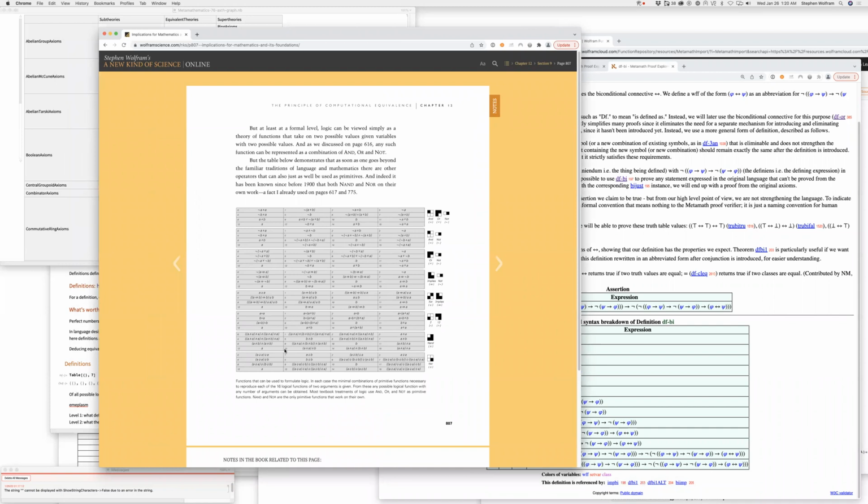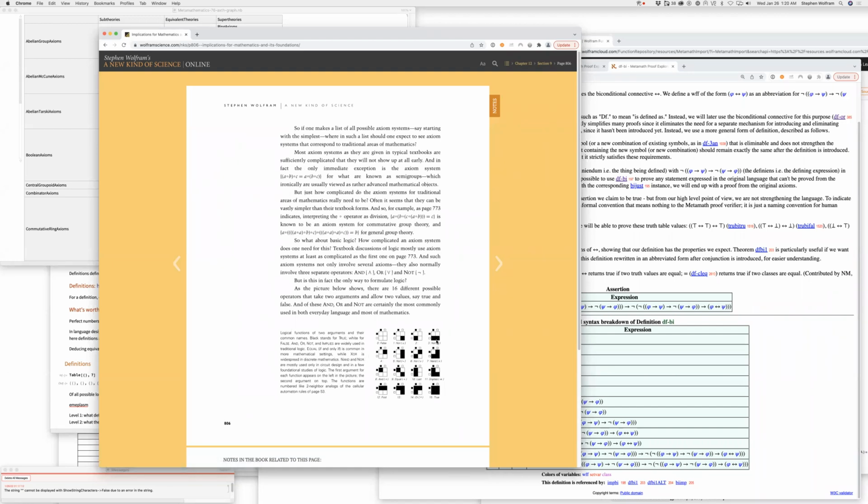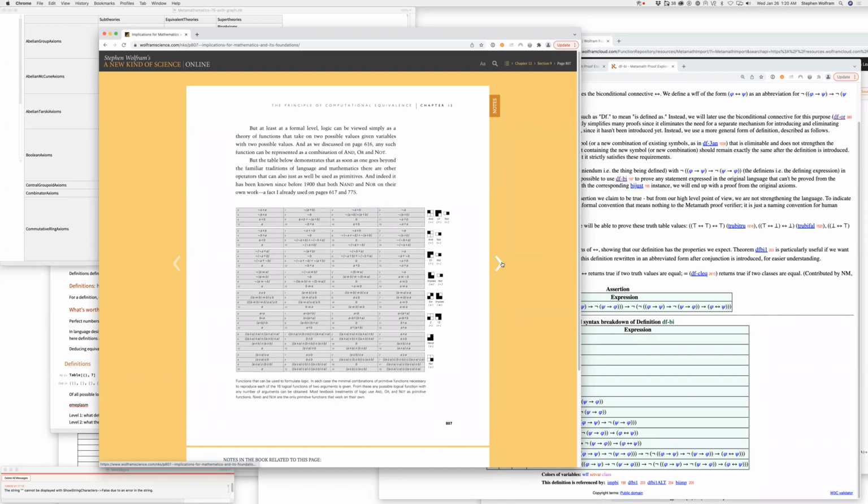NAND. Which number is not? Not is 3 or 5. 5. Oh yeah, it's just NAND of thing. So that's not.